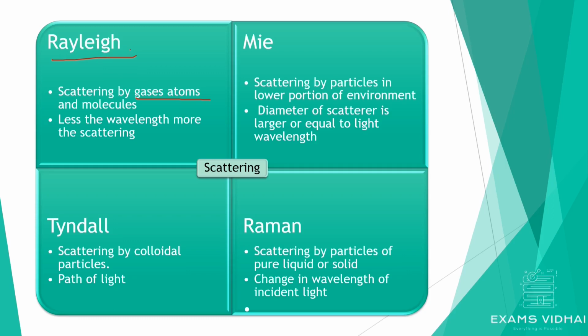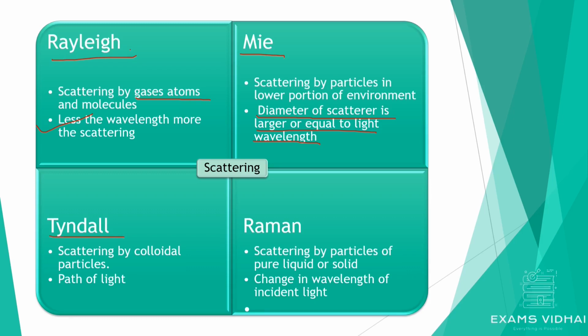Thus, it means that the lesser the wavelength, the more the scattering. Then we have read about Mie scattering. There scattering takes place by the particles which are present in the lower portion of the environment, which include pollen particles, dust particles, etc. Here the diameter of the scatterer is larger than or equal to the wavelength.